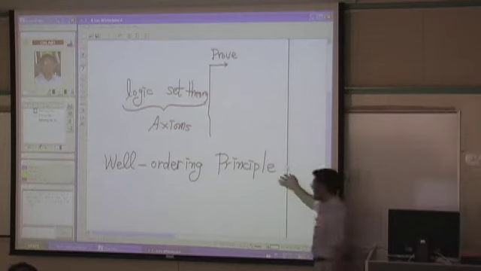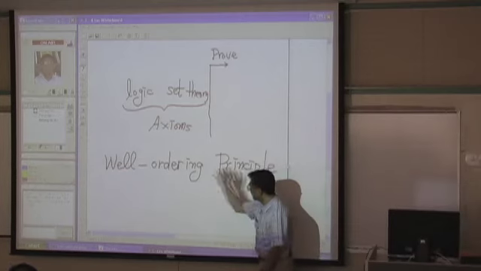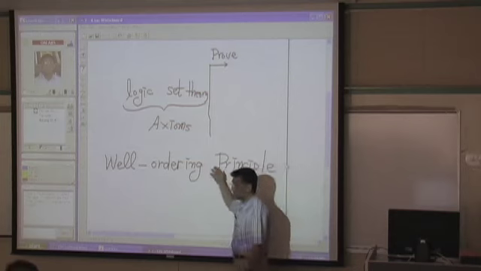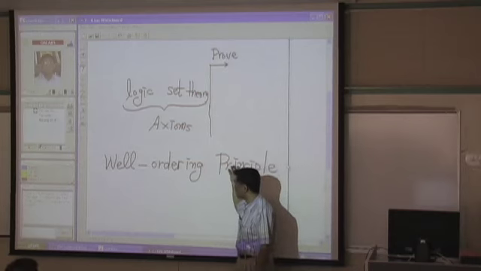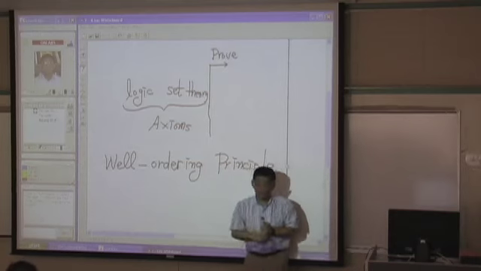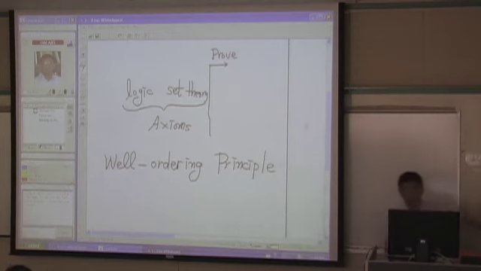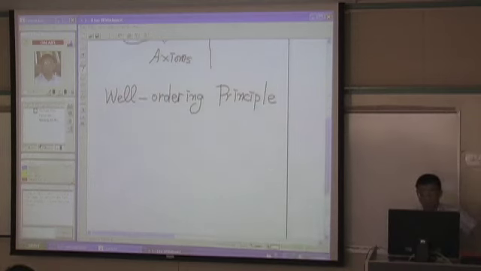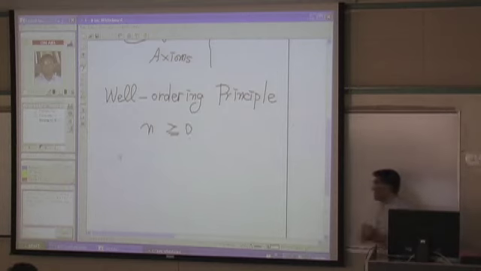I don't want to write down the full statement of this theorem or principle, because you can easily find it. I will focus on the idea part more. The idea is this. Assume that we have the integers which are non-negative.